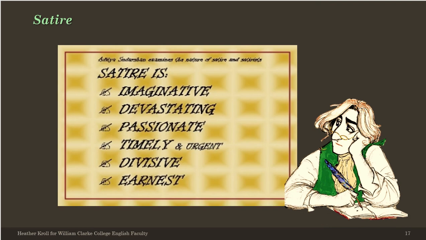So Seditious Libel examines the different natures of satire. So satire is imaginative. It's devastating. It's cutting. It's nasty. Satire is passionate. It's often timely and it's urgent. So we look at Gulliver's Travels satire and we often say that it's temporal.